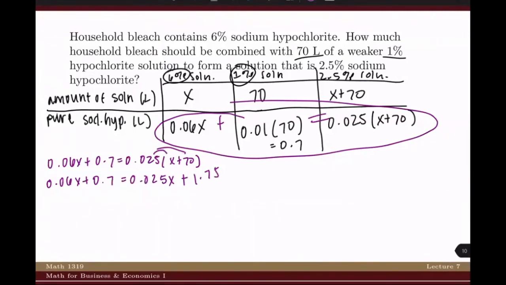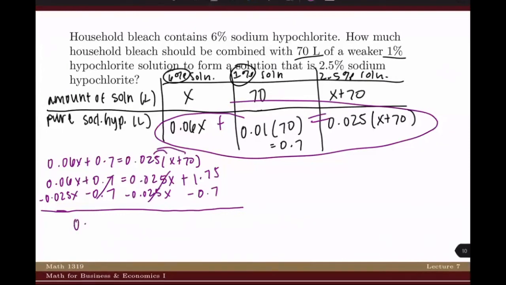Next, I'm going to begin to solve the equation by moving 0.7 to the other side. I'm also going to move 0.025x. So you should get 0.035x is equal to 1.05.